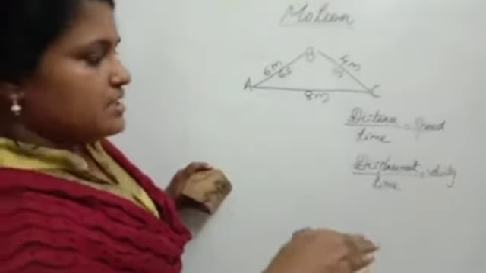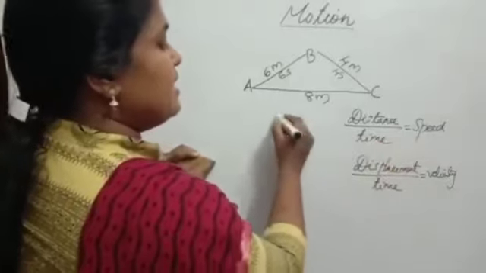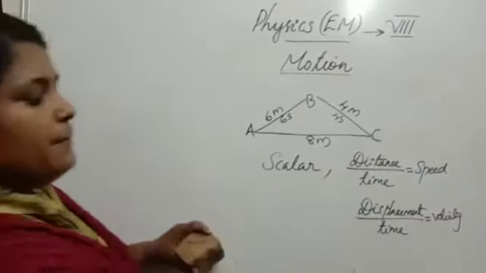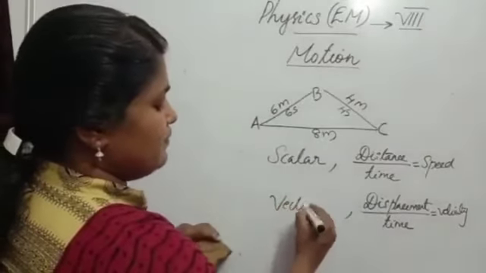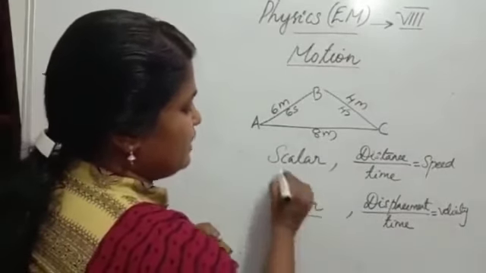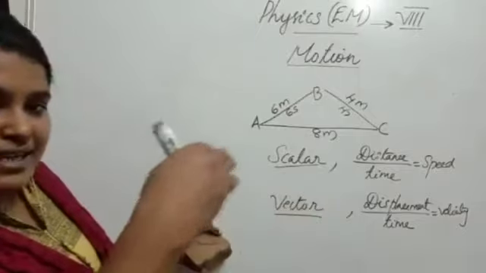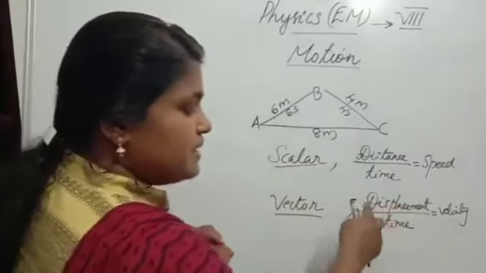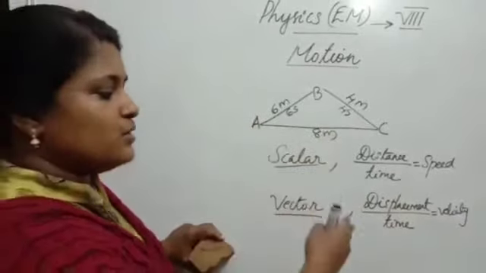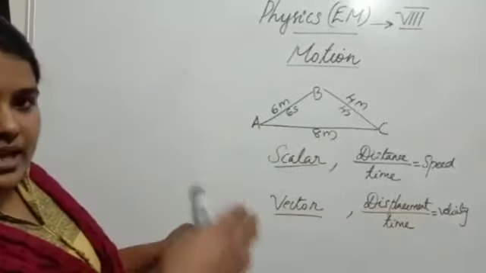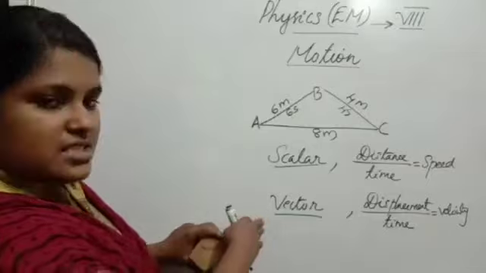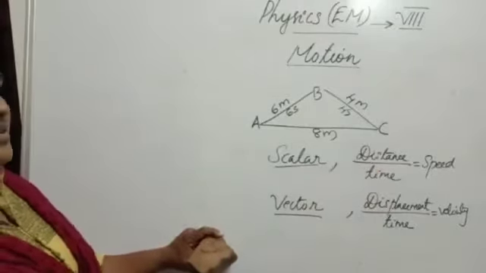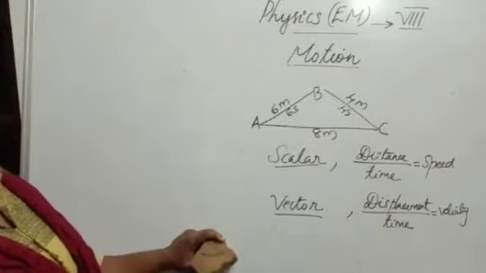The next difference is speed is a scalar quantity, but velocity is a vector quantity. You know, vector quantity has both magnitude and direction. In case of velocity we use displacement. Displacement has direction, so velocity also has direction, so it is a vector quantity. But speed is a scalar quantity. There is no direction specified.